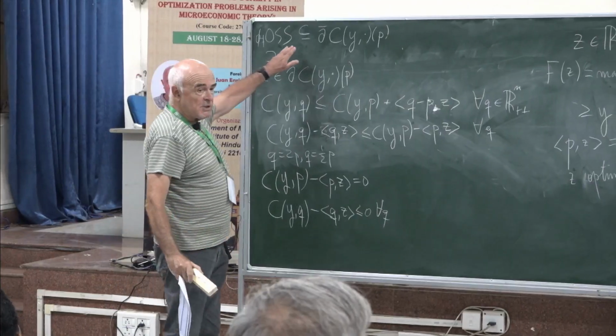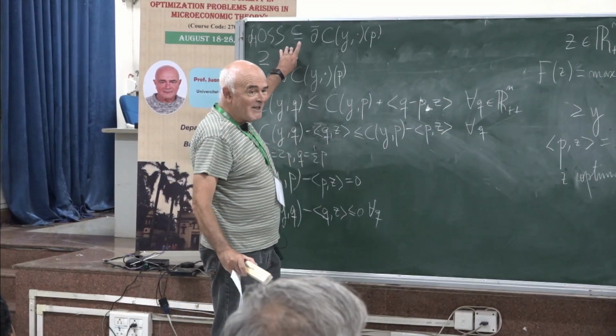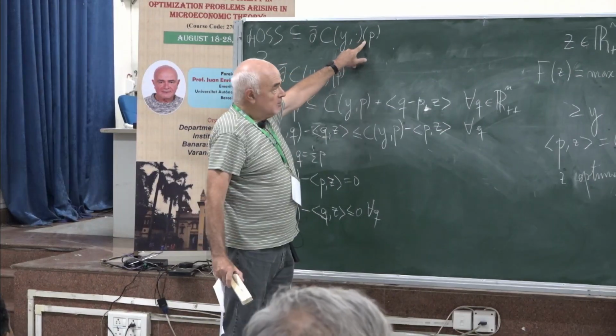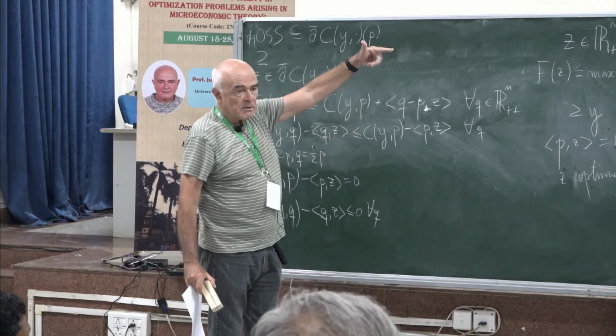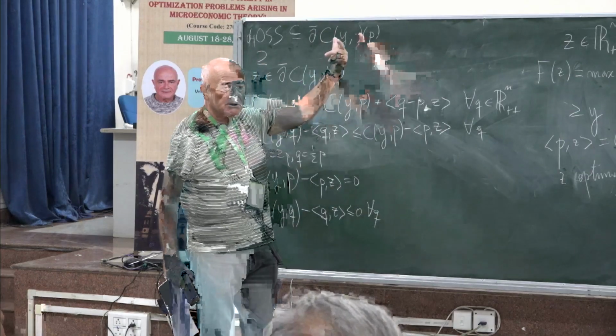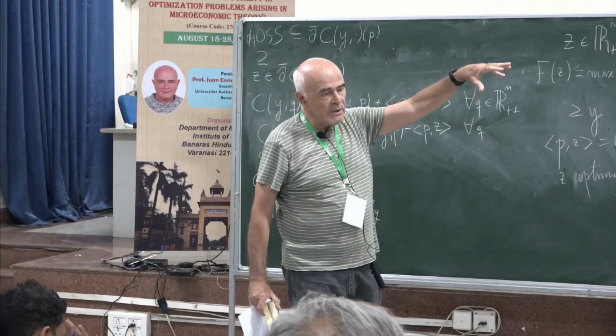And we always have this inclusion. For this inclusion, now the set is a singleton because we are assuming the concave function is differentiable at a point, so the superdifferential is the singleton of the gradient.